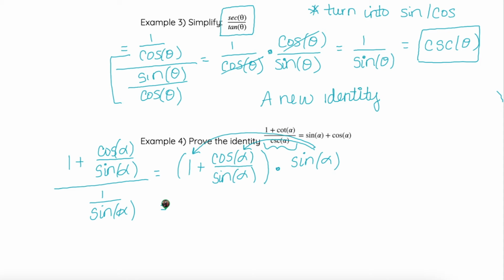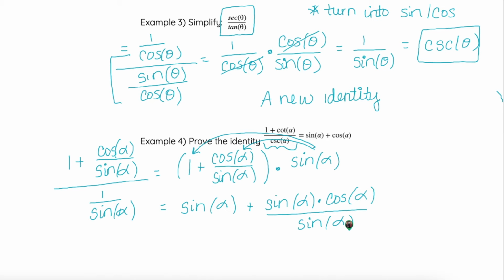This will then give me sine of alpha plus sine of alpha times cosine of alpha all over sine of alpha. We notice that there is a common factor in the numerator and denominator that can be eliminated.